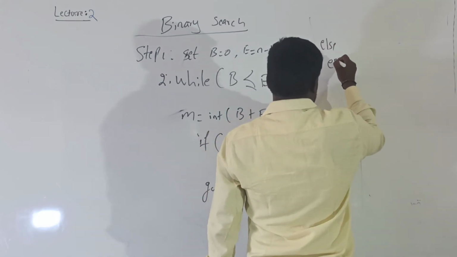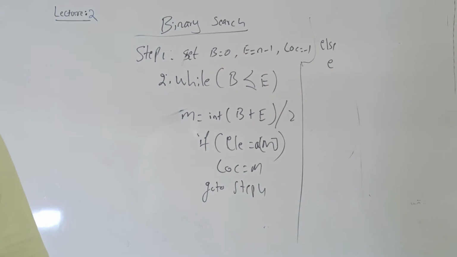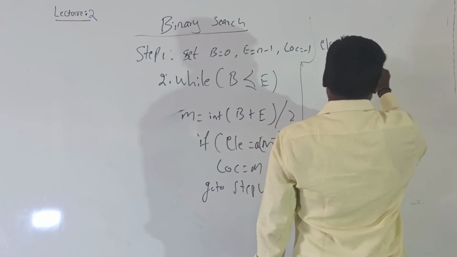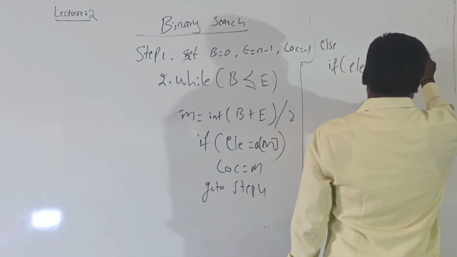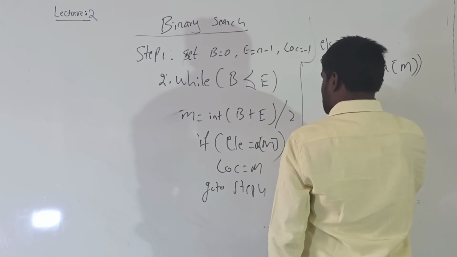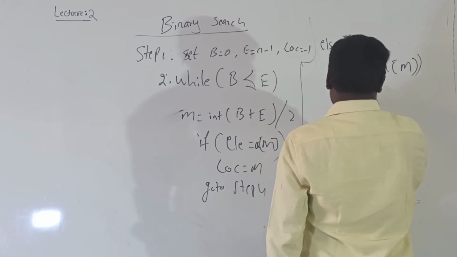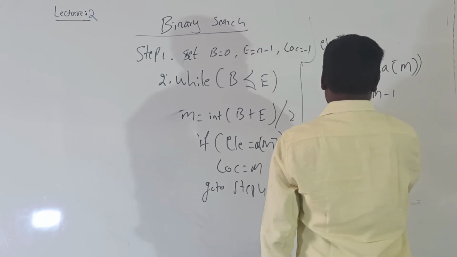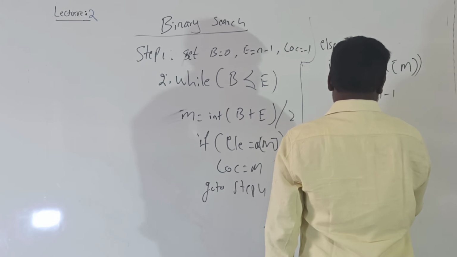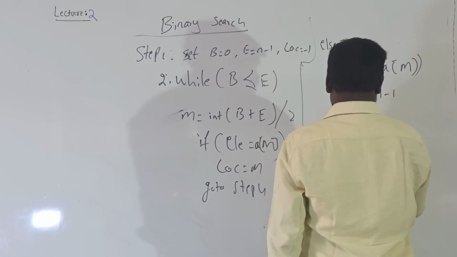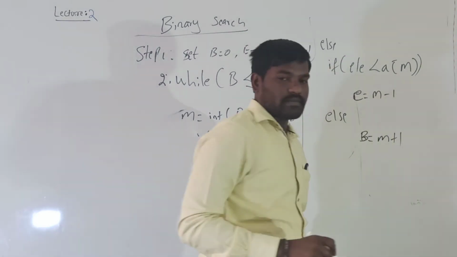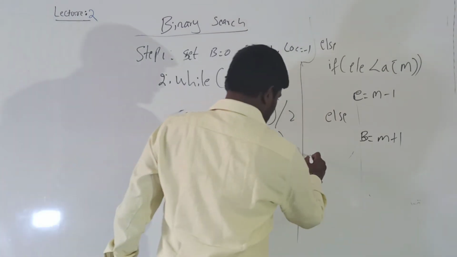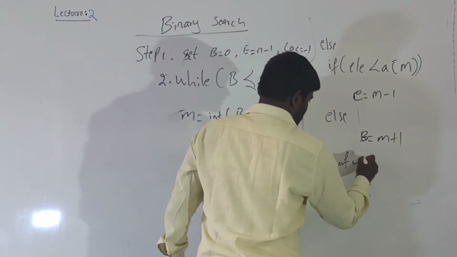Else if element is less than a of mid, that is end is equal to m minus 1. Else beginning is equal to m plus 1. Here, end of while.